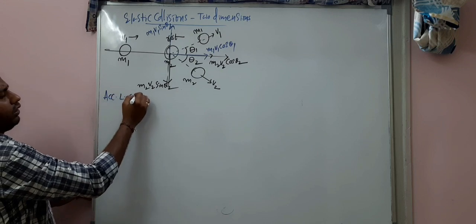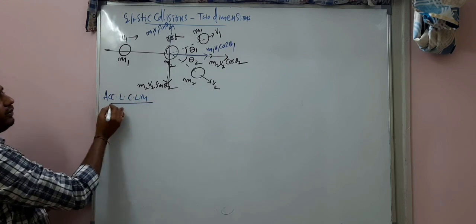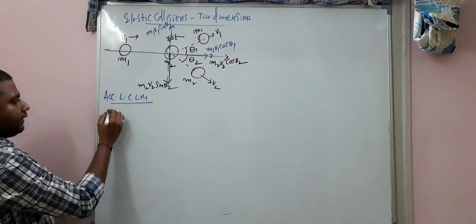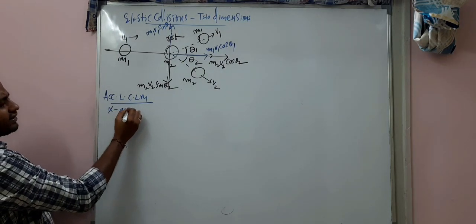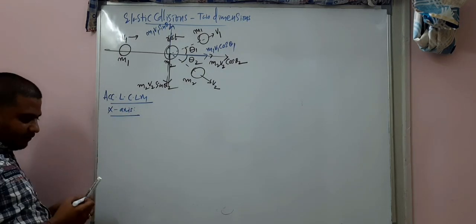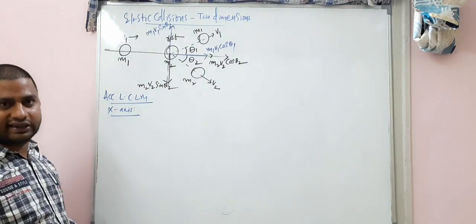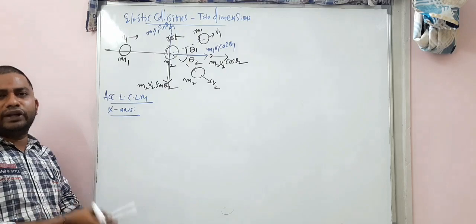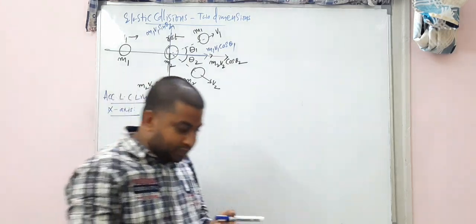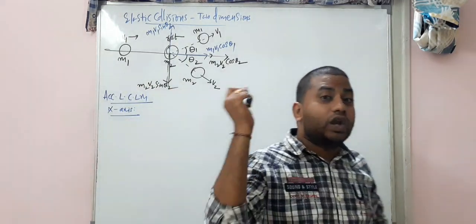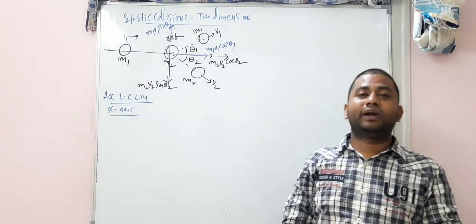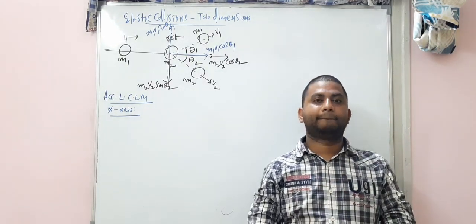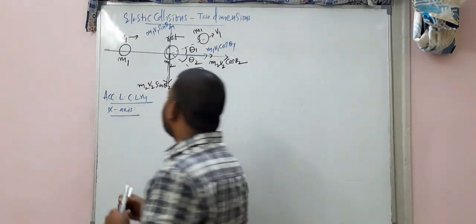according to the law of conservation of linear momentum, along the x-axis. Before the collision, along the x-axis, the linear momentum of the system is equal to the linear momentum of the system along the x-axis after the collision. I hope you understand.